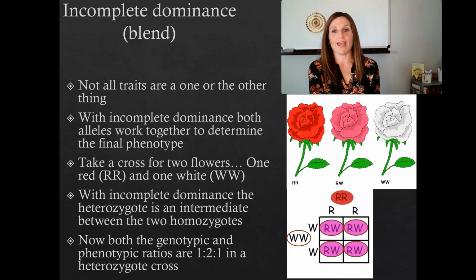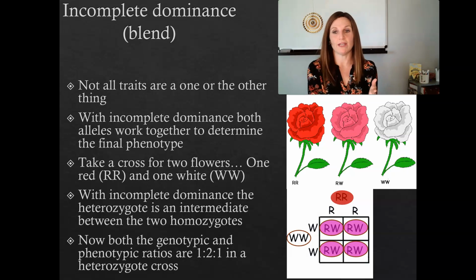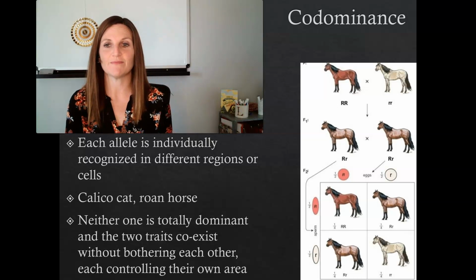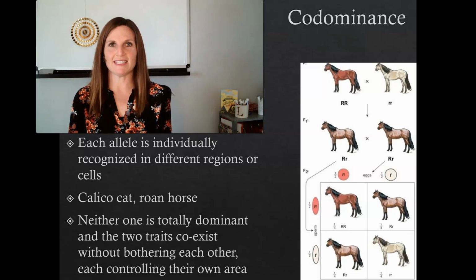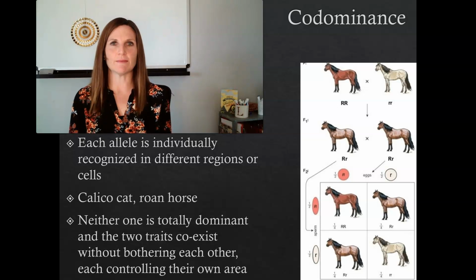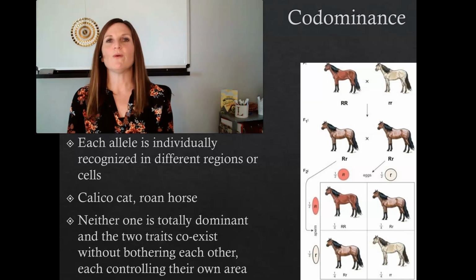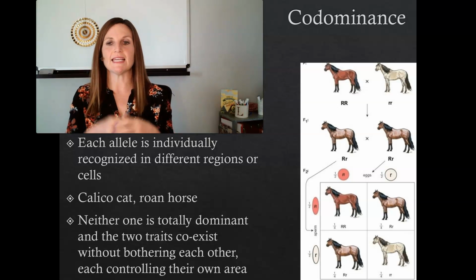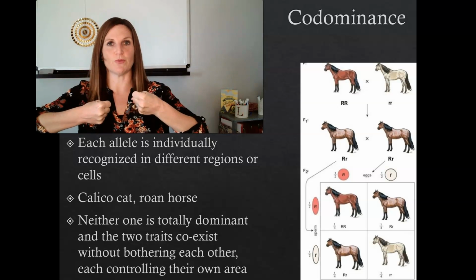Another way that we can see dominance be not quite dominant and recessive is in something called codominance. In codominance, each allele is sometimes dominant and sometimes recessive. What we're going to see is sort of like a Rochambeau situation.